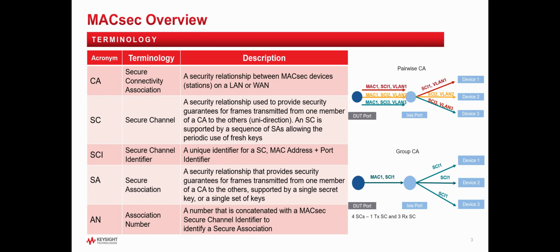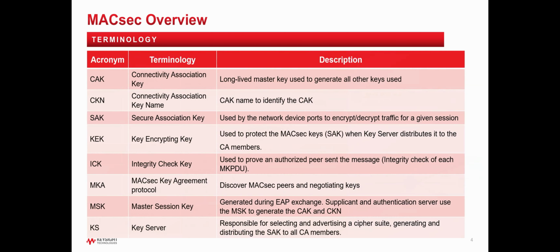In the case where you have an end station, for example, you don't need the secure association because there's only one entity on that link. And then the connectivity association key name, which points to the CAK, the secured association key that is used to encrypt and decrypt traffic given by a session.